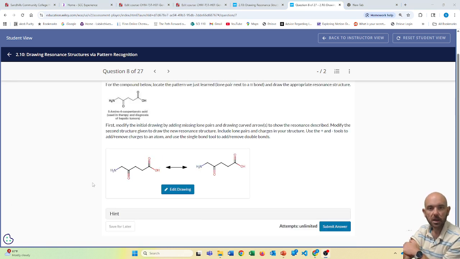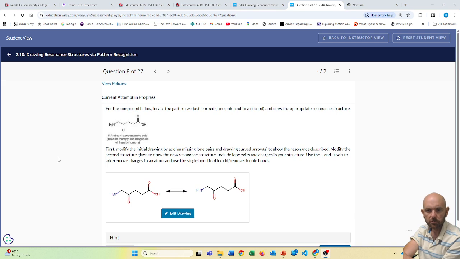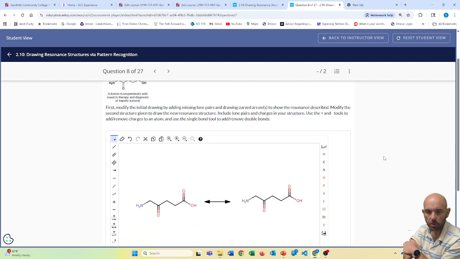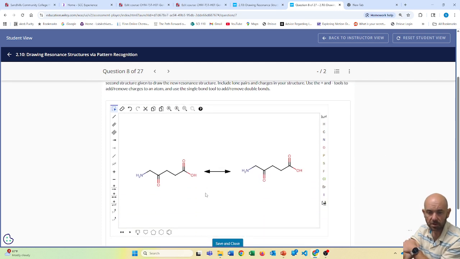On question 8, we are looking for lone pair next to a pi bond, and we are asked to draw the appropriate resonance structure here. So we'll fill in the lone pairs. We're going to do all of them to talk about which ones are correct and which ones aren't.